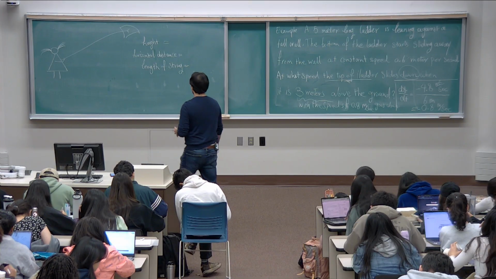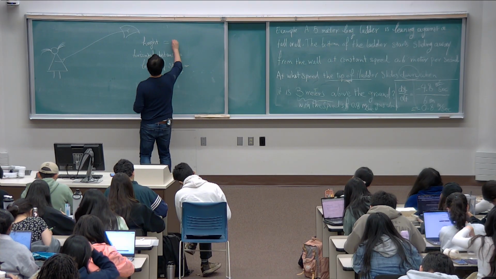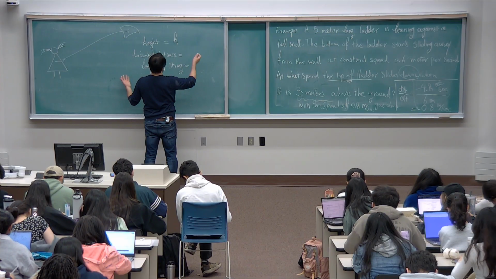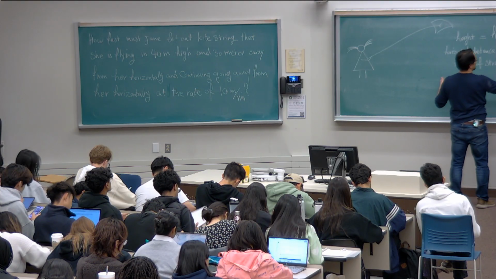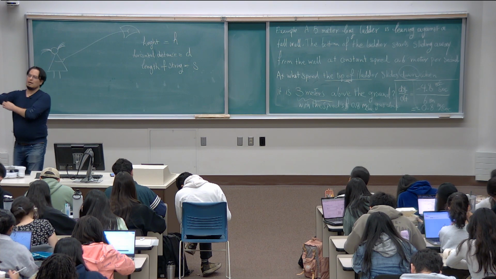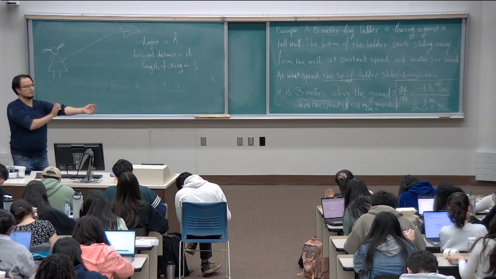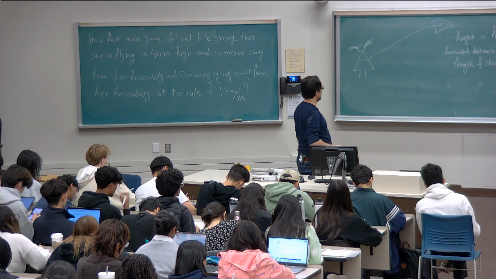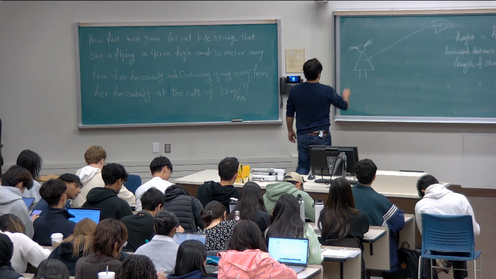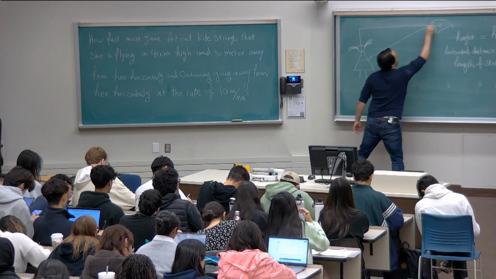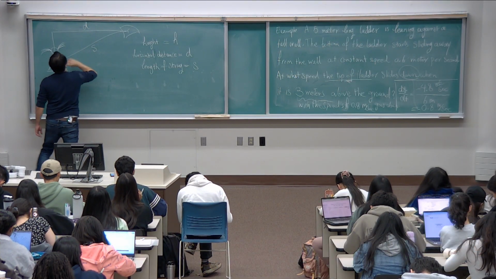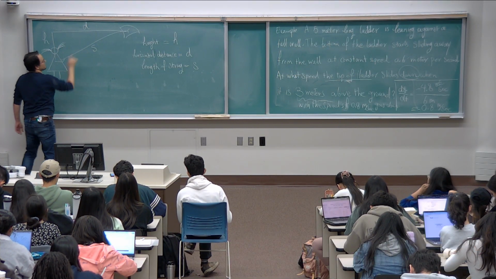But for now, I can call this one H, this one D, this one S. Height, horizontal distance, and string. I think you should now see that this is D, this is H, this is S.